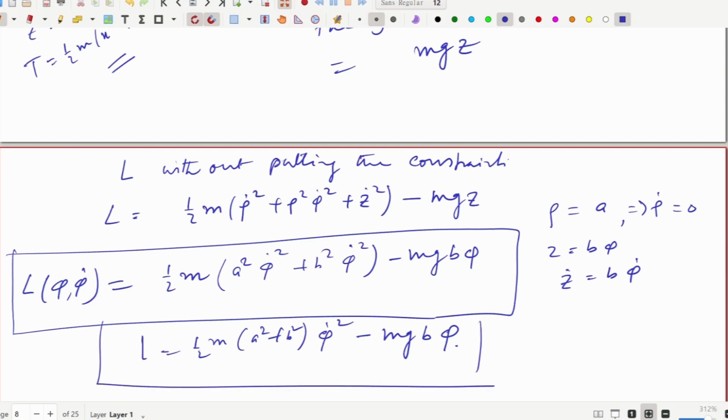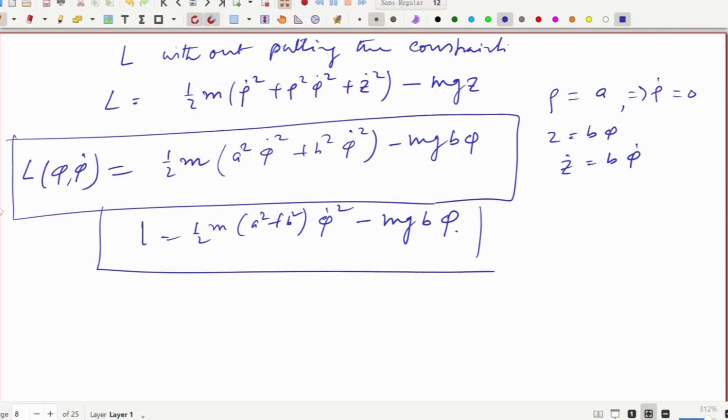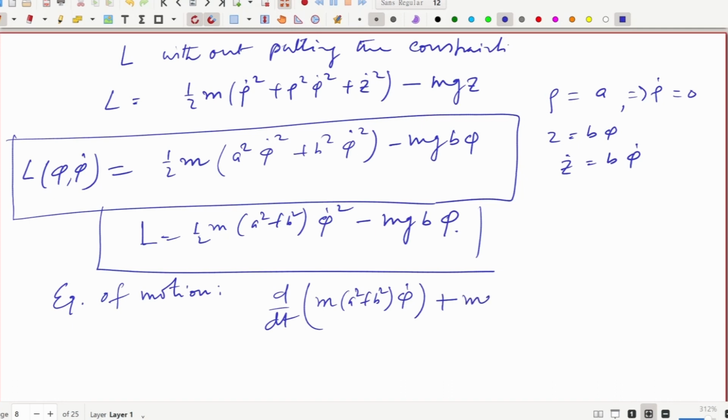Very easily you can find the equation of motion: d/dt of del L by del phi dot, minus del L by del phi, equal to 0. So m times a square plus b square times phi double dot, plus mg b, equal to 0.